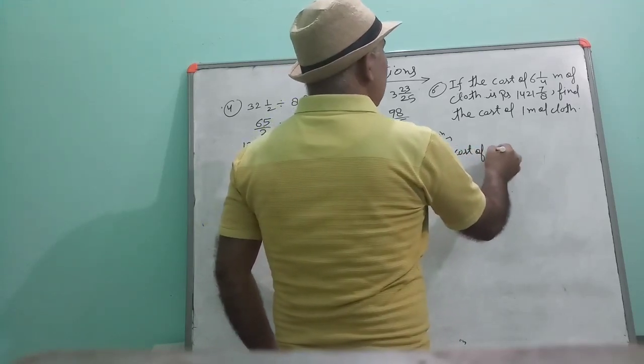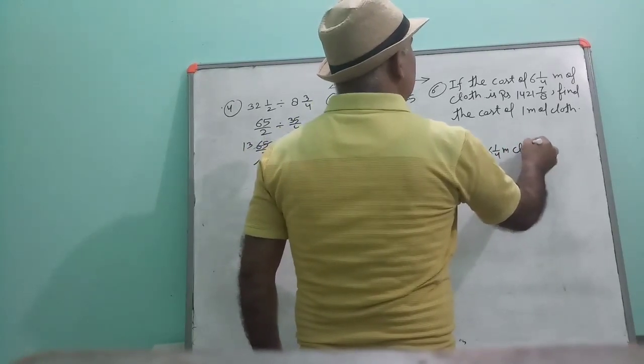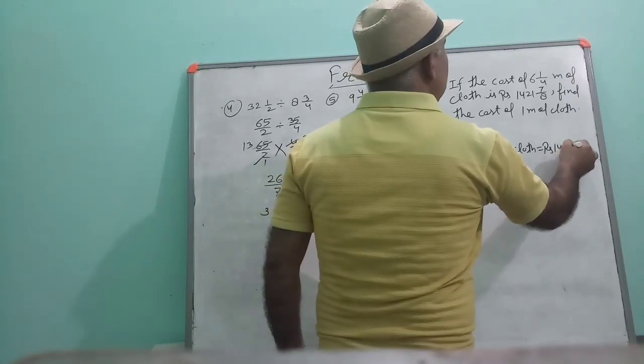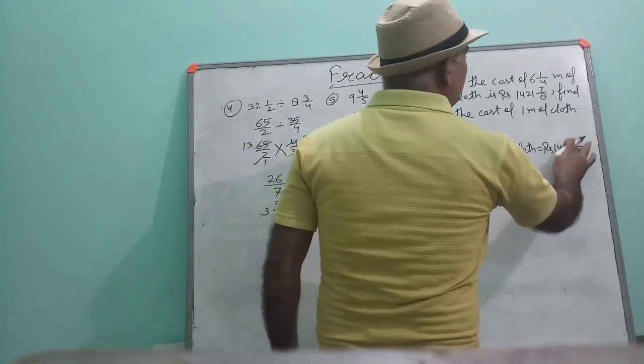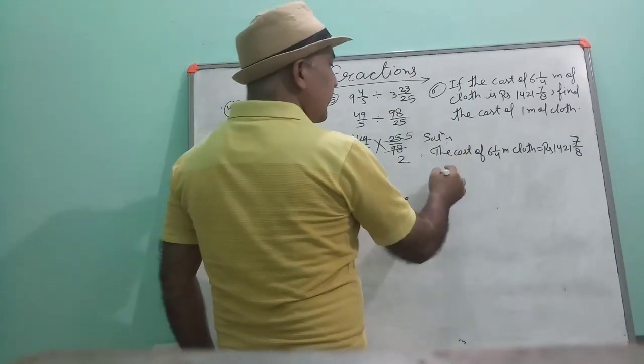The cost of 6 into 1 by 4 meter cloth is equal to rupees 1421 into 7 by 8. This is the cost of 6 into 1 by 4.